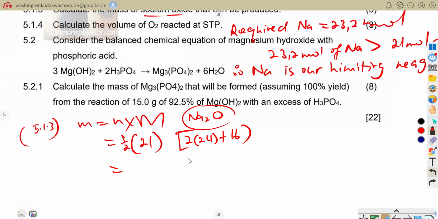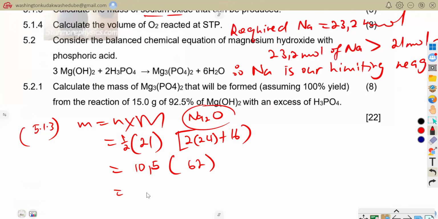So it's half of 21 times that. So our mass of sodium oxide that is going to be produced is 10.5 times, so I'm multiplying 10.5 with 62. Because this one becomes 48 plus 16, which becomes 62.